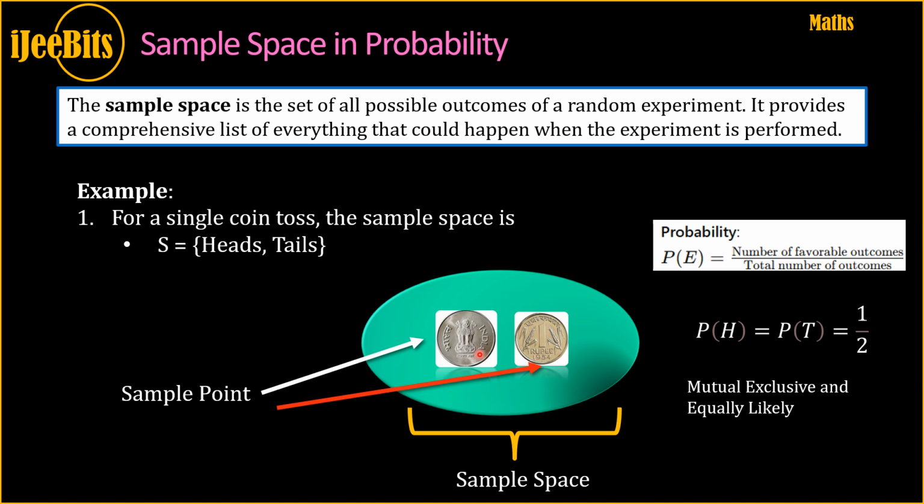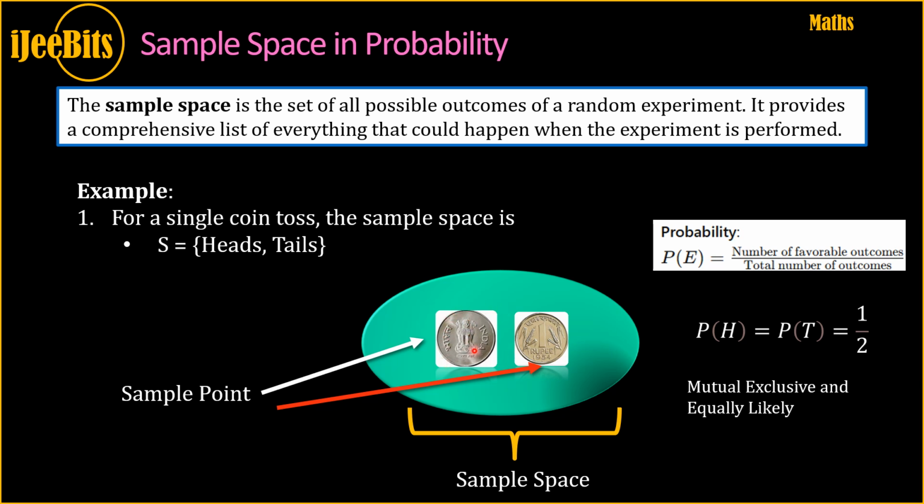Second thing is equally likely, meaning the probability of getting head or tail has an equal chance. Let's say for instance, from the math point of view, if you try to plug in the values into this formula, for the first case, the probability of getting head is how much?